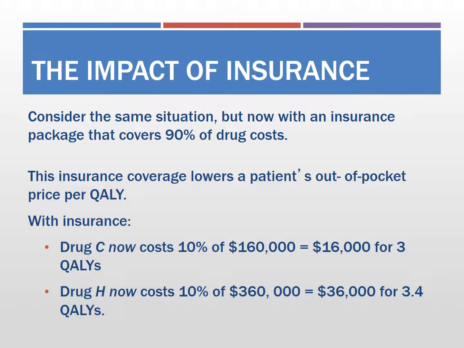On the other hand, 10% of the total $360,000 will be $36,000. So by paying $36,000 out of pocket, this patient will get 3.4 years of extension of life.